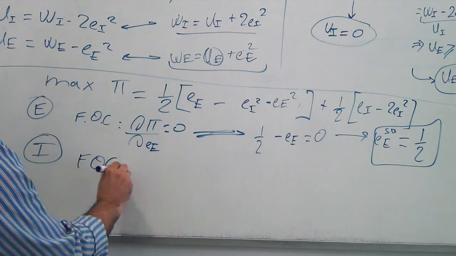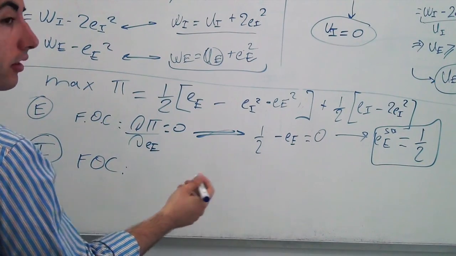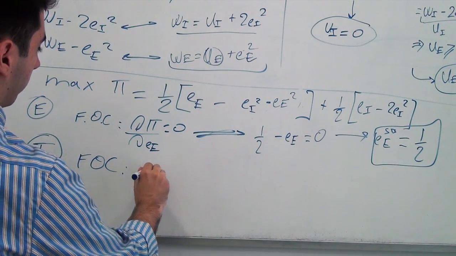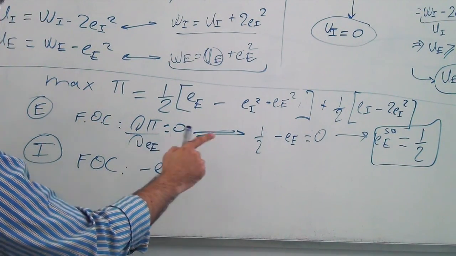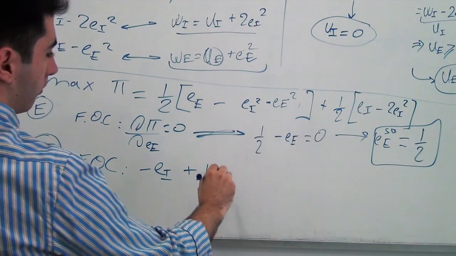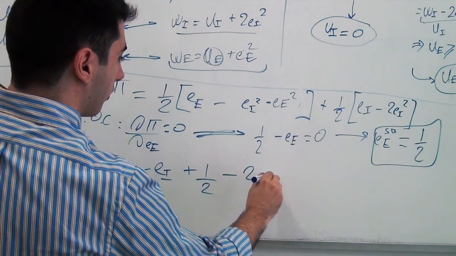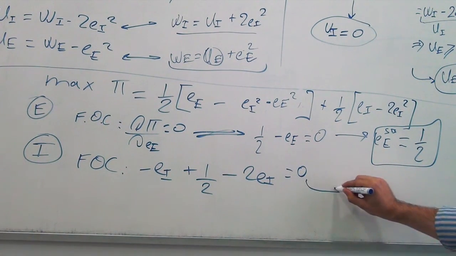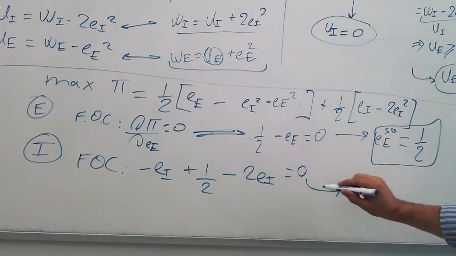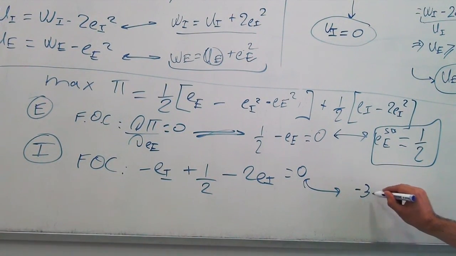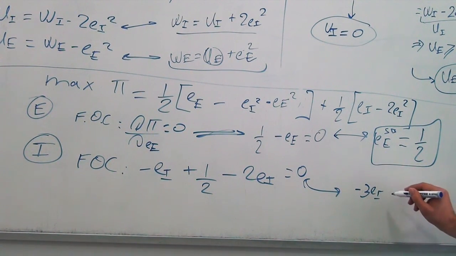So for the inefficient, we have similarly minus 2, which is equivalent to saying minus 3 e_I equals minus 1.